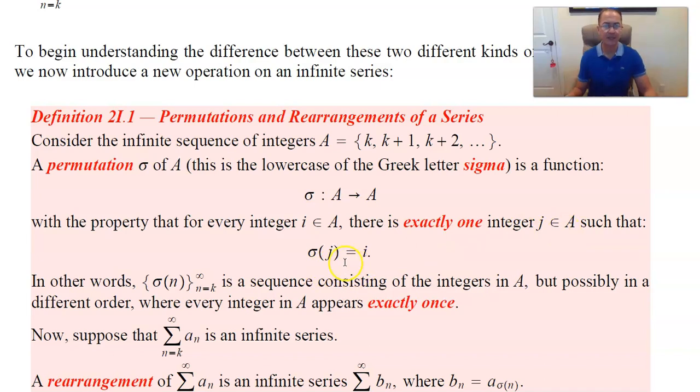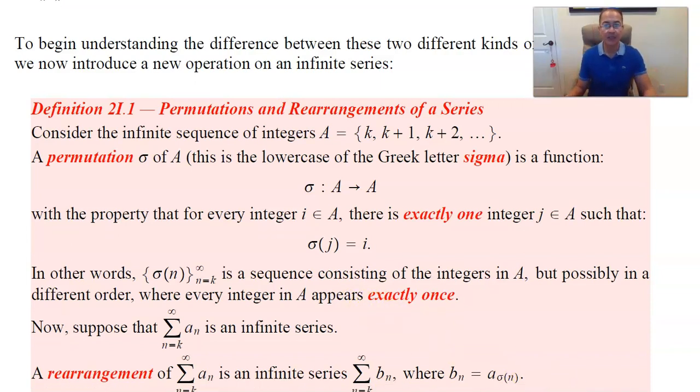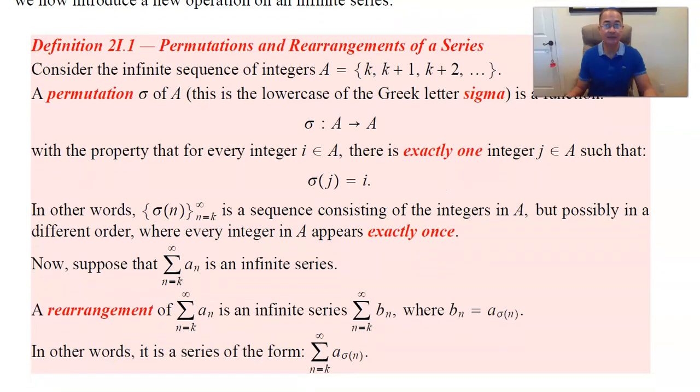In other words, sigma of n, from n equals k to infinity, is a sequence made of the integers in A, but possibly in a different order. That's why the term rearrangement is going to be useful. Every integer in A must appear exactly once. You should not exclude anybody. They should all be there, except possibly in a different order. Okay, so now let's apply this to an infinite series.